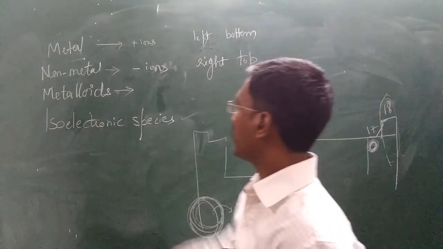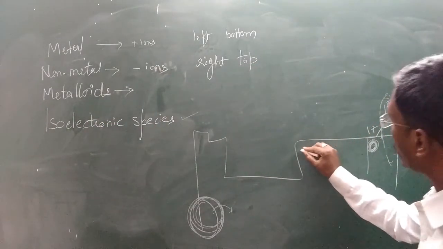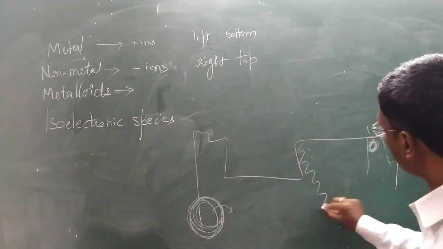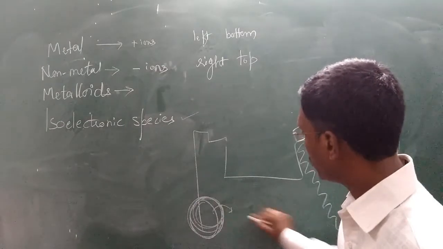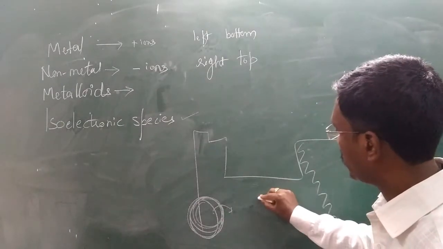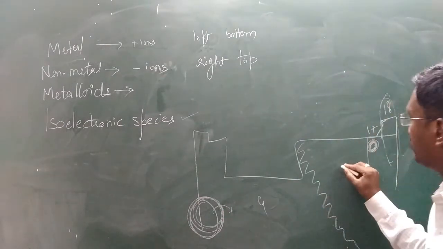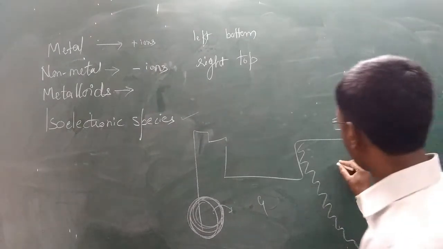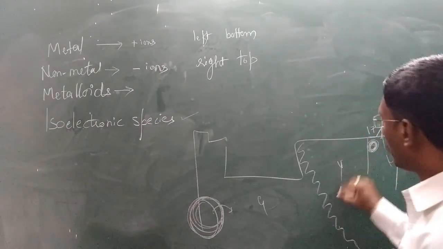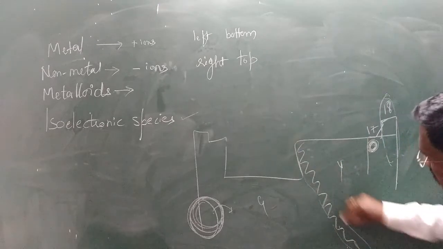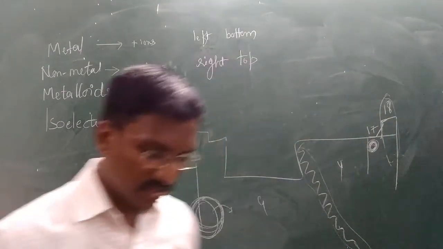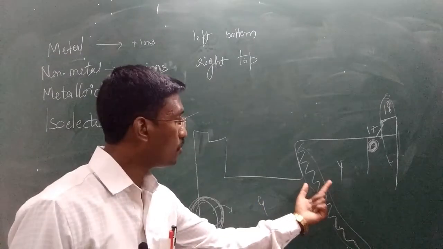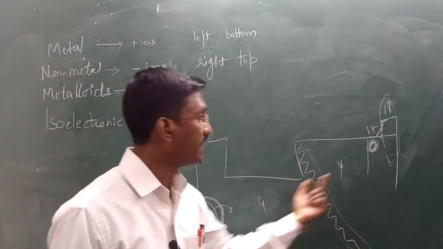So what about metalloids? Can you see there is a zigzag movement in the periodic table? Here it is one color, maybe green, here it may be yellow or some other color. Whereas in the zigzag portion, they have given some special color. This is the border which differentiates metal and non-metal.